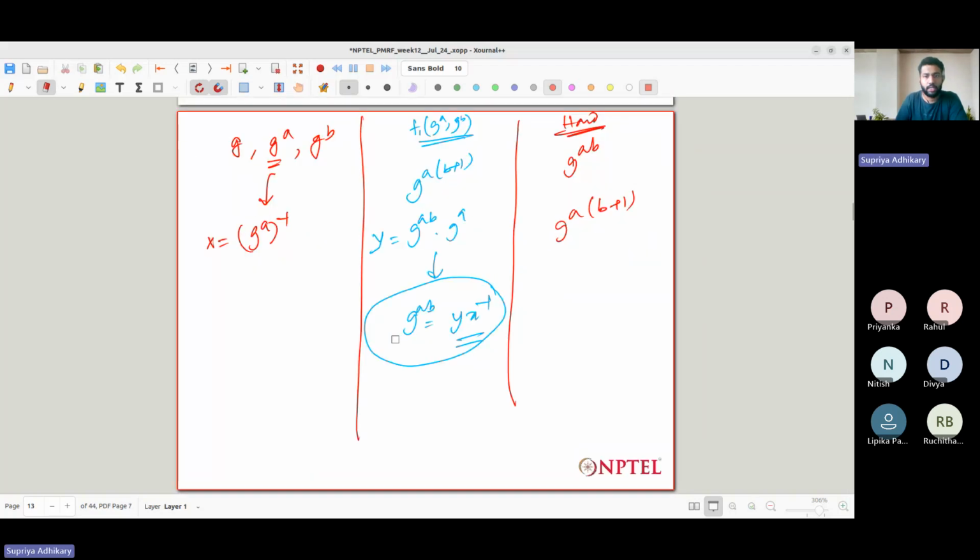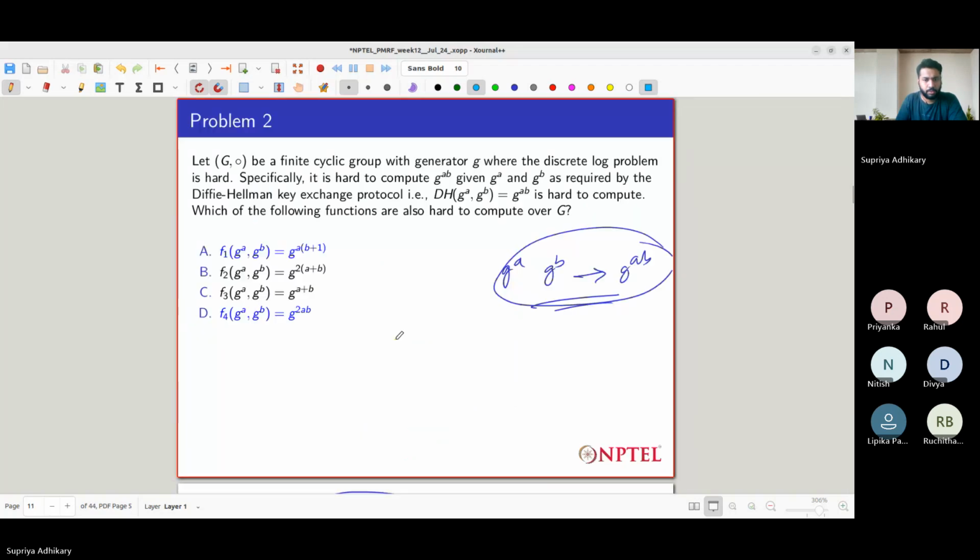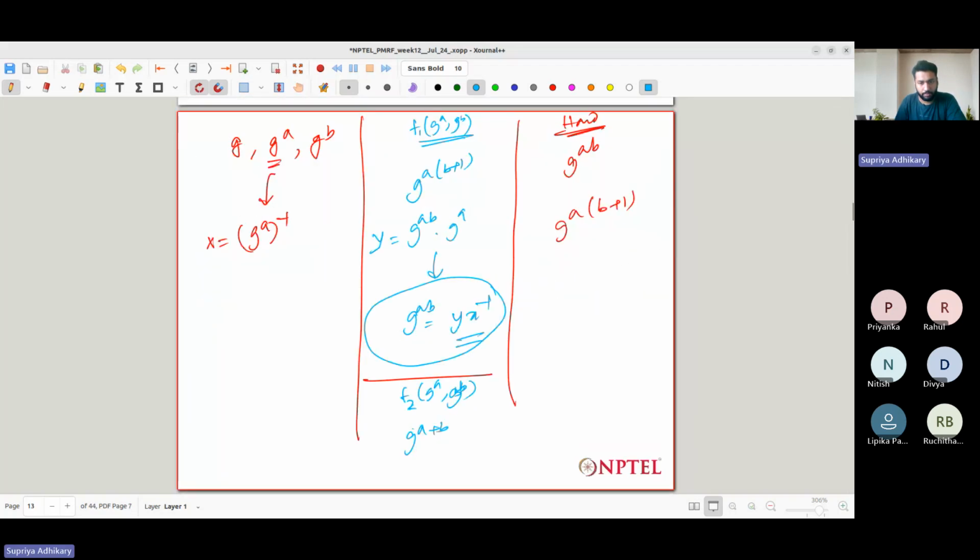Similarly, now we have the f2 function. The f2 function says that given these two values, we can get y is a plus b. First, let us consider this.